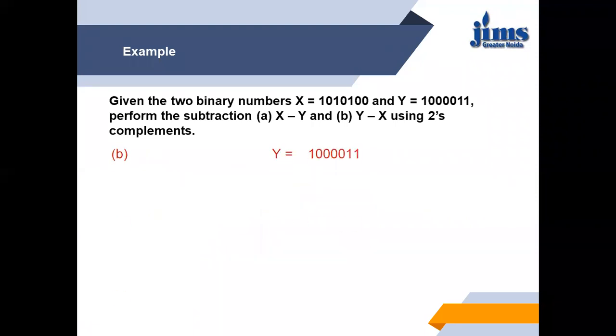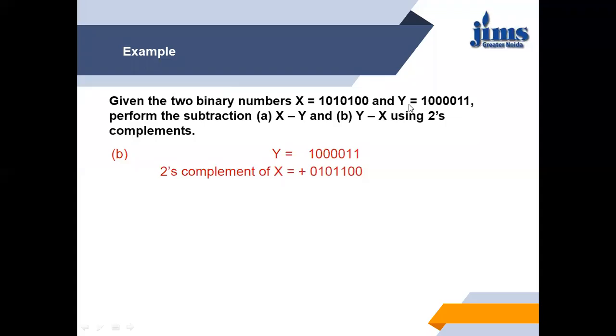Now take the other example when we have to perform y minus x. In this case, we have to take 2's complement of the x, because x is to be subtracted from the y. So y is as it is. Now we take 2's complement of x, and the process is the same.